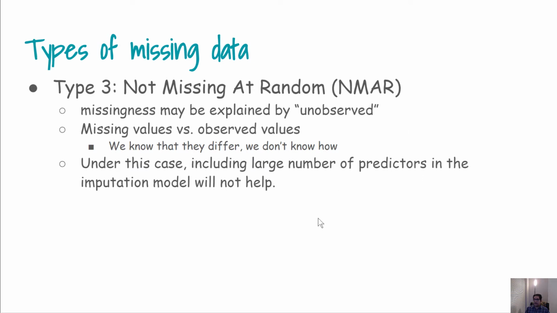In this scenario, when we see a variable's values being missing, under this assumption, we generally do not know what is causing this, and at least from the point of view of the dataset that we have in our hand, we cannot explain this, and we assume that the missingness may be explained by some unobserved variables that are not captured in the dataset. And in this scenario, again, the missing values and the observed values have some difference, but we don't know how they are really different.